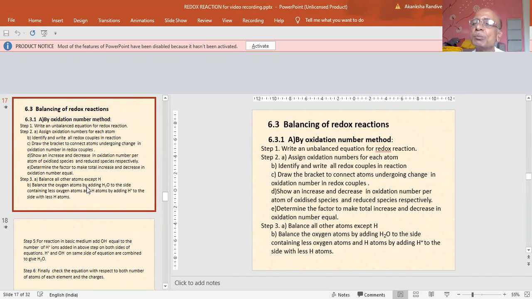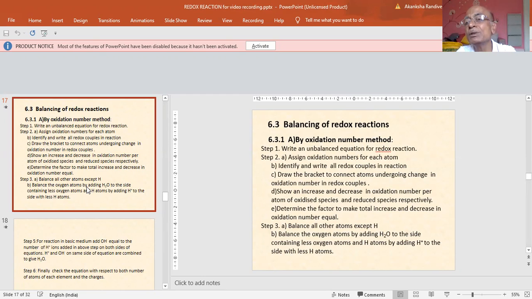Now, what is oxidation number? We have already studied. Now, by this method, the balancing of the oxidation reduction reaction is carried out. And how it is to be carried out, that we have to study. Now, there are some steps to be followed for the balancing of redox reaction.